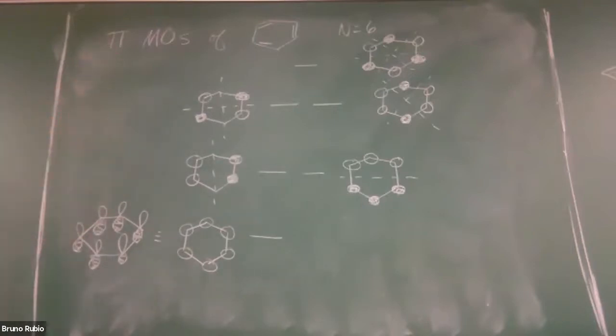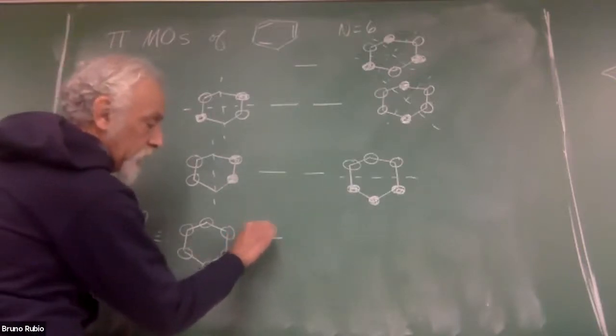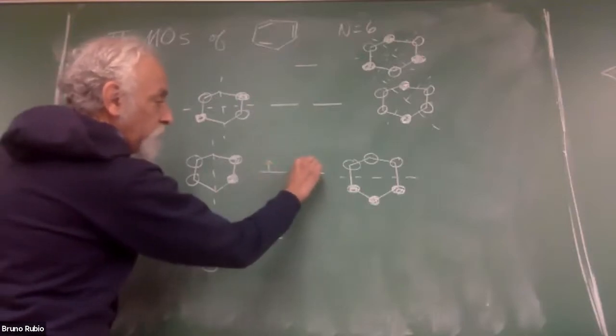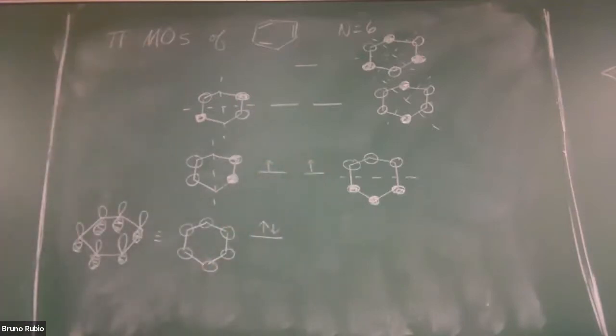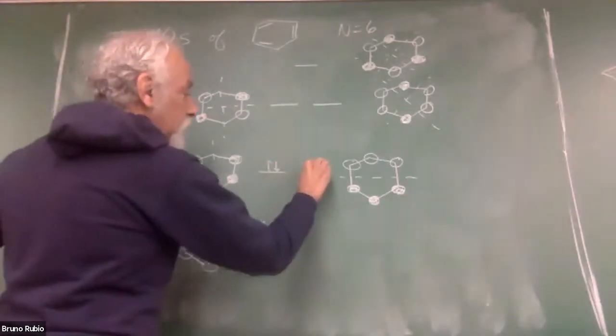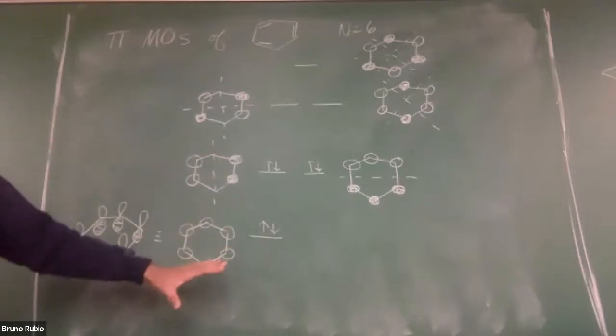Now let's feed in electrons. 6 electrons. 1, 2, 3, 4. Right, I'm following Aufbau principle, Pauli exclusion, and Hund's rule. 5, 6. And so that would be my occupation diagram.